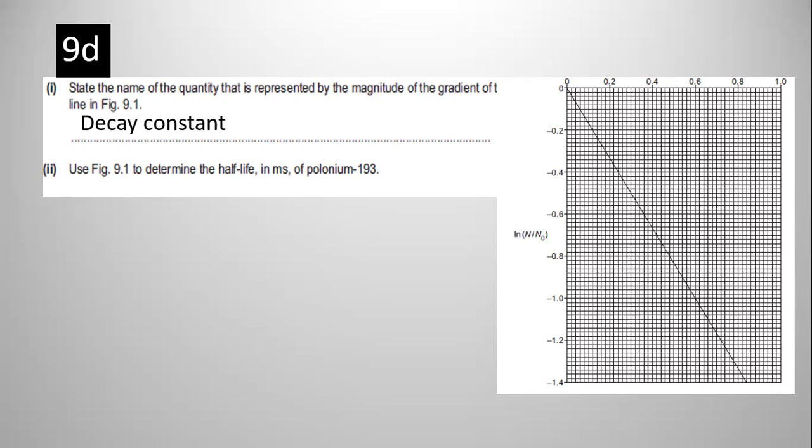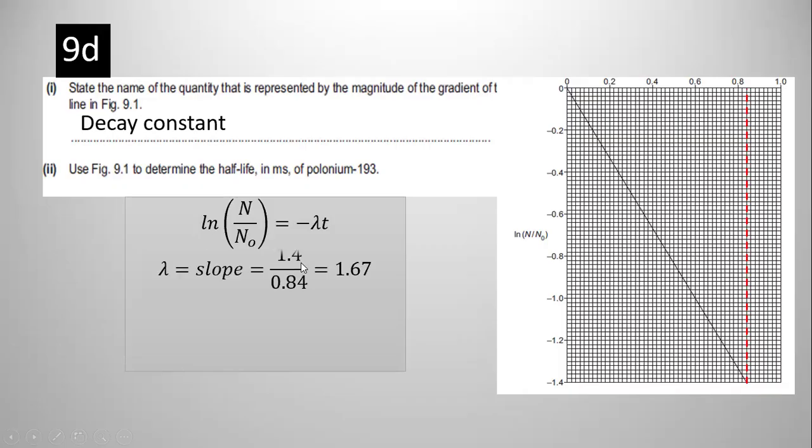So determine the decay constant, that's why we say decay constant is the gradient. So ln that, right? Lambda is the gradient. As I say, always take the easiest point to read. The last point. Then it's 1.4 divided by 0.84. Then you get 1.67.